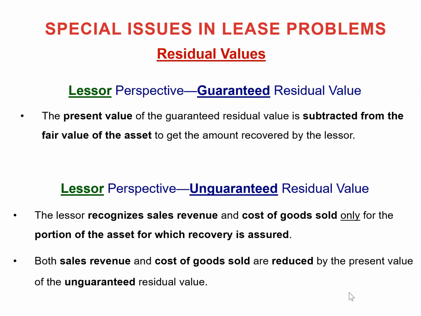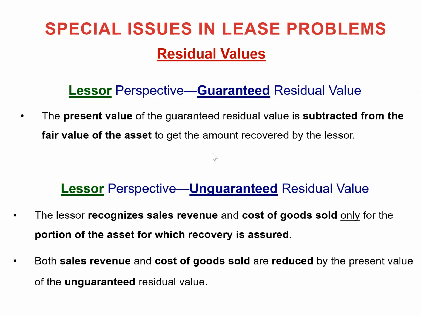Now let's see the residual value accounting from the lessor's perspective. For the lessor's perspective, we will see both types of residual values, guaranteed and unguaranteed. For the guaranteed residual value, the lessor takes the present value of the guaranteed residual value and subtracts it from the fair value of the asset when they calculate the amount that needs to be recovered by the lessor.